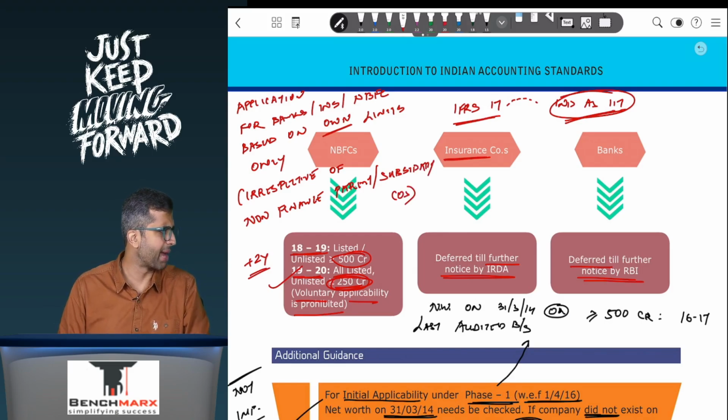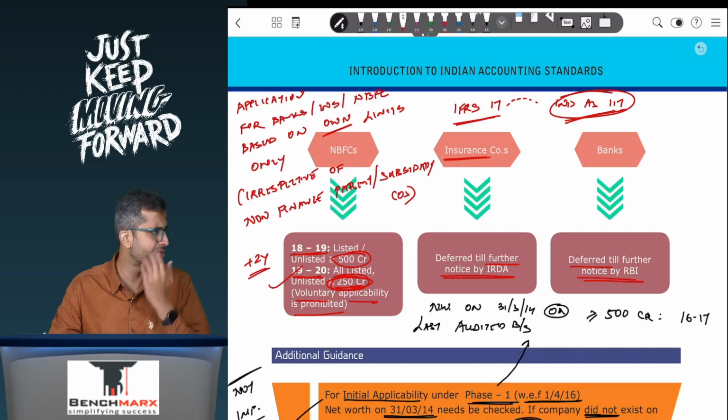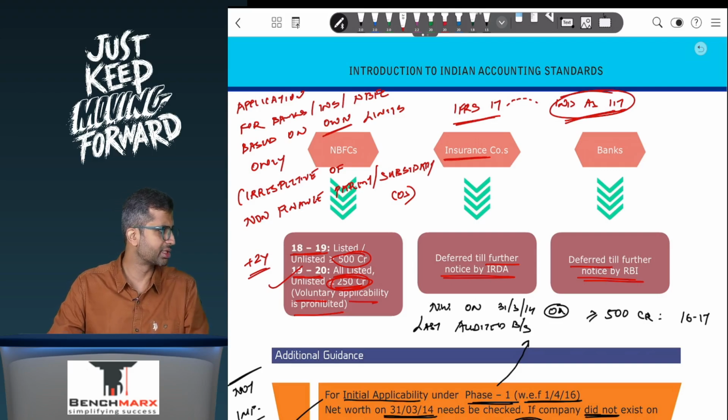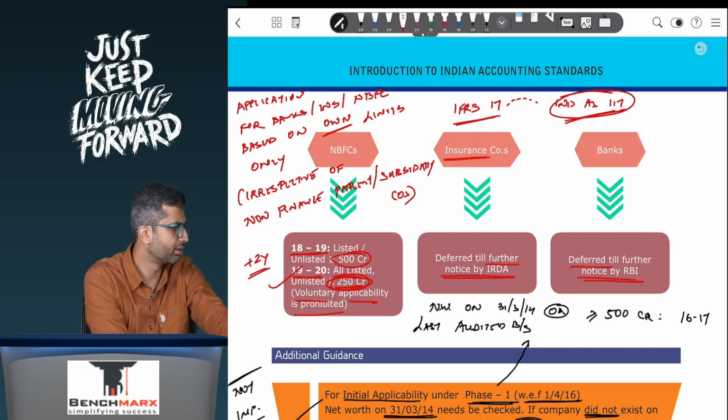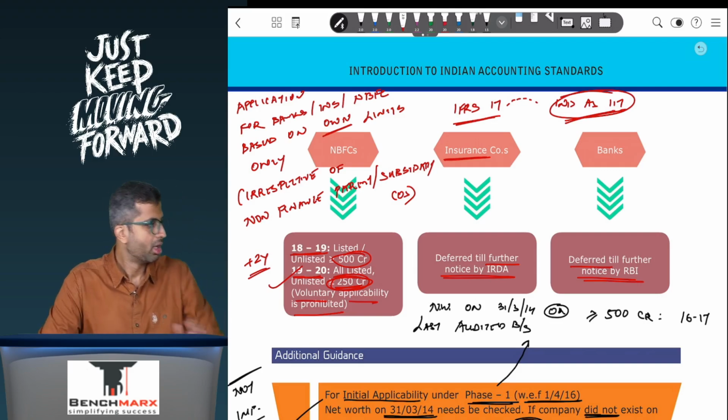Are we clear with this? Application for banks, insurance companies, NBFCs based on own limits only, irrespective of non-finance parent or subsidiary. Is everyone clear? Yes. Okay.